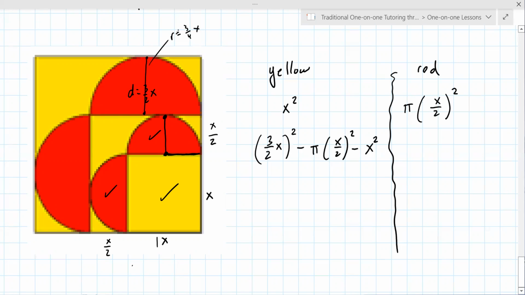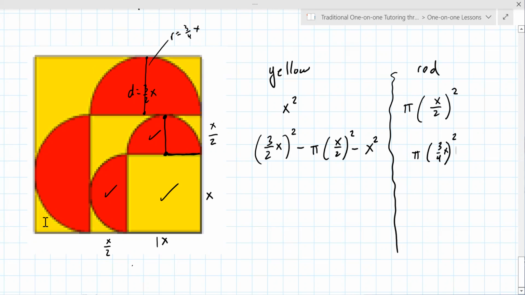Now I know the variables aren't great. We could have used numbers, but we didn't know. If I need to, I can do that again with numbers. The area is pi times 3 over 4 x squared. Now our last region is this yellow over here on the left.